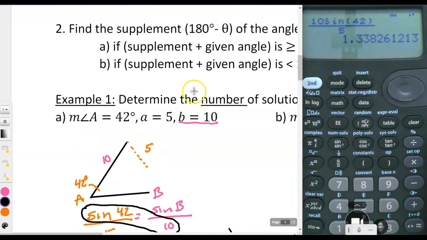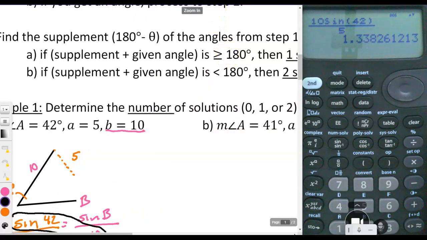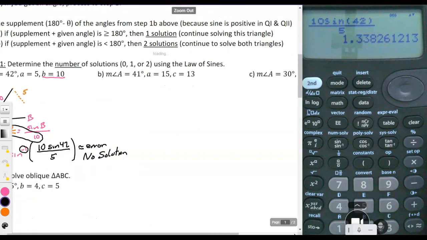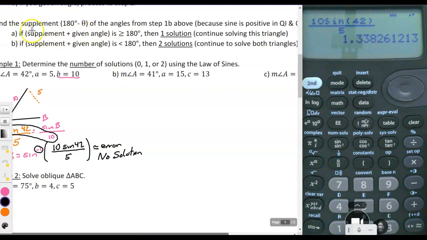All right. Lastly, we have 1 solution and 2 solutions, and there's a little bit of directions here. They say what you're going to do is, if you don't get a no solution and you're dealing with a side-side angle, right? Every time you're dealing with a side-side angle, you have to go through this process. So the number one thing after all the algebra's out of the way is, how do I know when to do what?